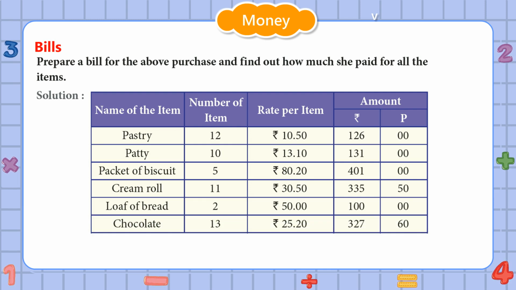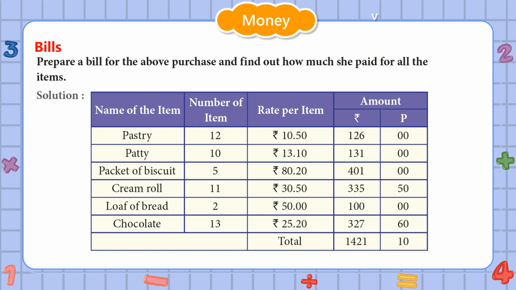Chocolate. 13. Rupees 25 and 20 paise each. Amount is rupees 327 and 60 paise. Total is rupees 1421 and 10 paise. Thus, Miss Mehra paid rupees 1421 and 10 paise for all the items.